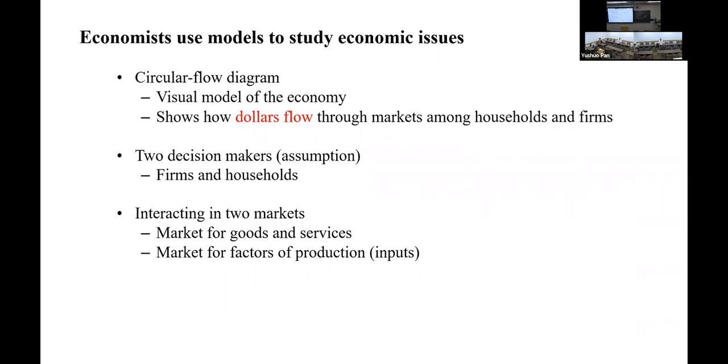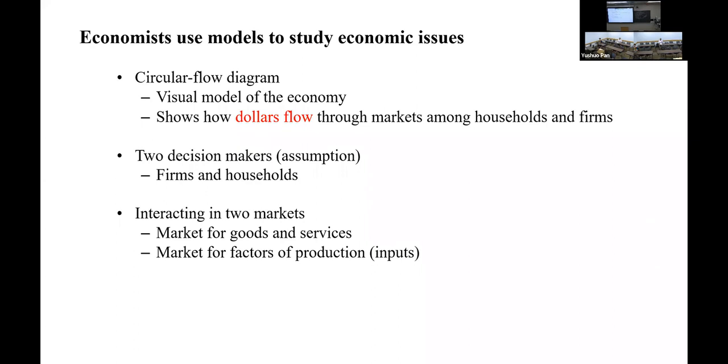Again, economists use models to study economic issues. We are going to learn two models in this chapter, and this is the first model: the circular flow diagram. It is a visual model of the economy that shows how dollars flow through markets among households and firms.